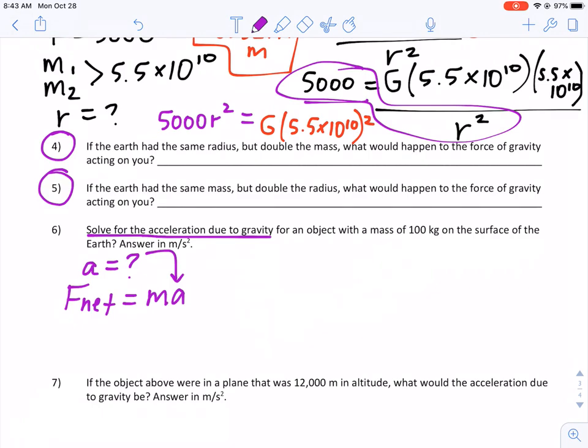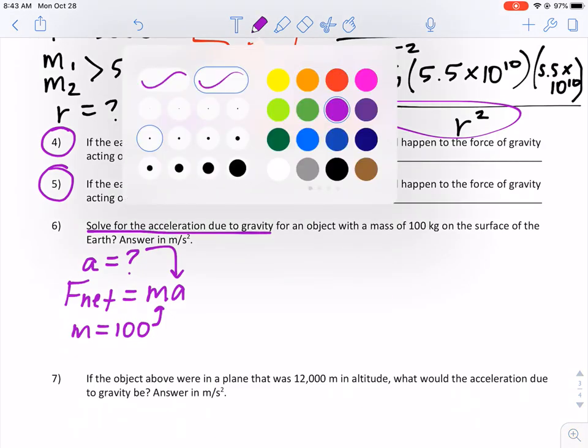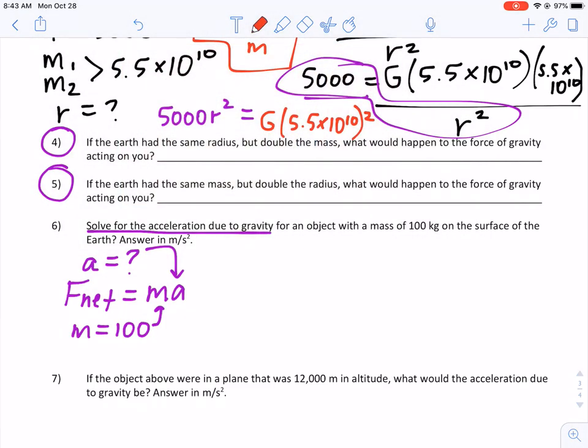Now, if we keep reading, for an object with a mass of 100 kilograms. So that little mass right there for us is going to be 100. We're wondering how fast it's going to move, what its acceleration is on the surface of Earth. Okay, so in order to solve for A, if we know M, we also need F net.